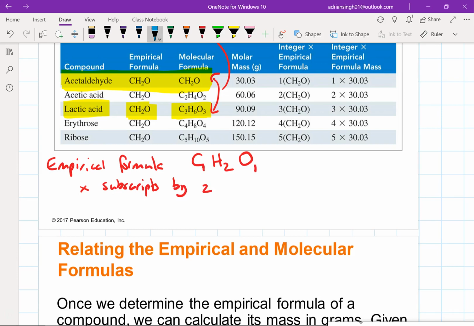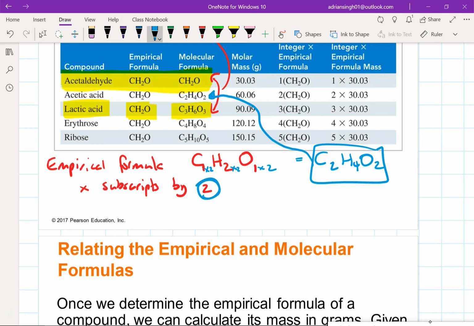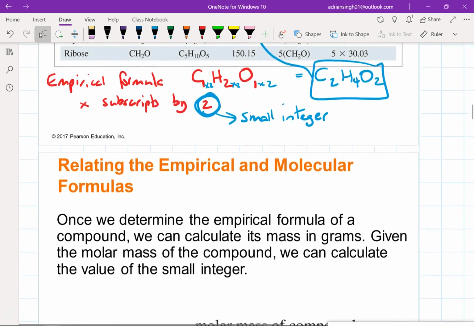If we multiply each of those by 2, we end up with C2H4O2, and that is the molecular formula for acetic acid, which is just vinegar. So this 2 that we're multiplying those subscripts by is our small integer, and that's really the central part of getting from your empirical formula to the molecular formula.